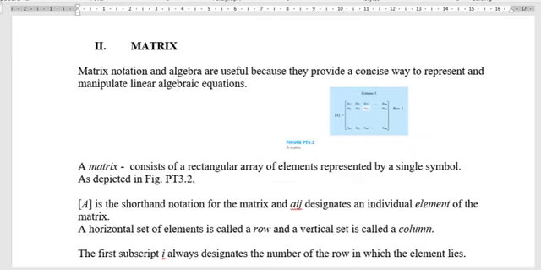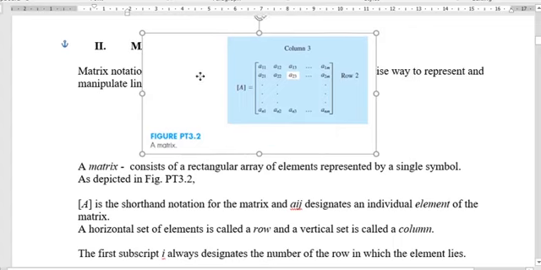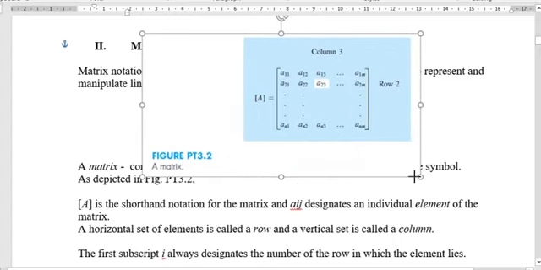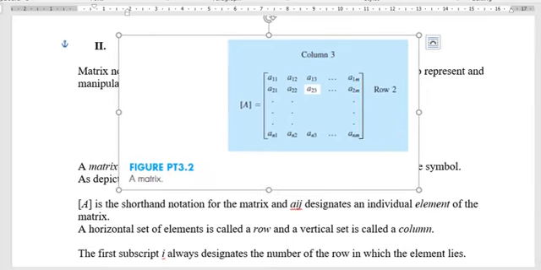A matrix consists of a rectangular array of elements represented by a single symbol, as depicted in figure 3.2. Okay, so this is an example of a matrix. A is the shorthand notation for the matrix, and Aij designates an individual element of the matrix.